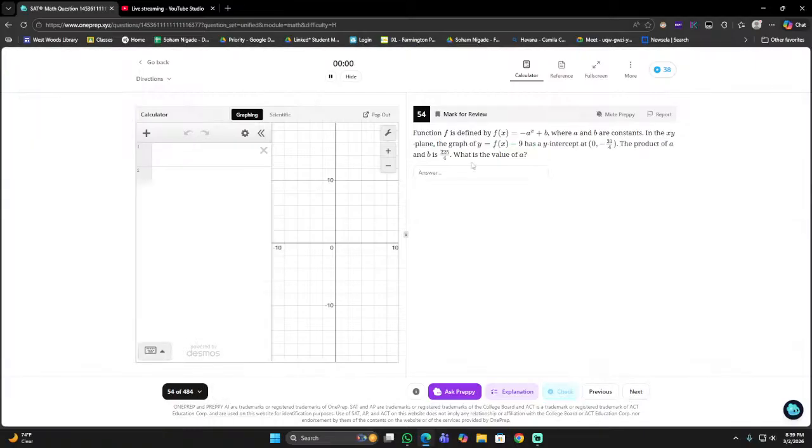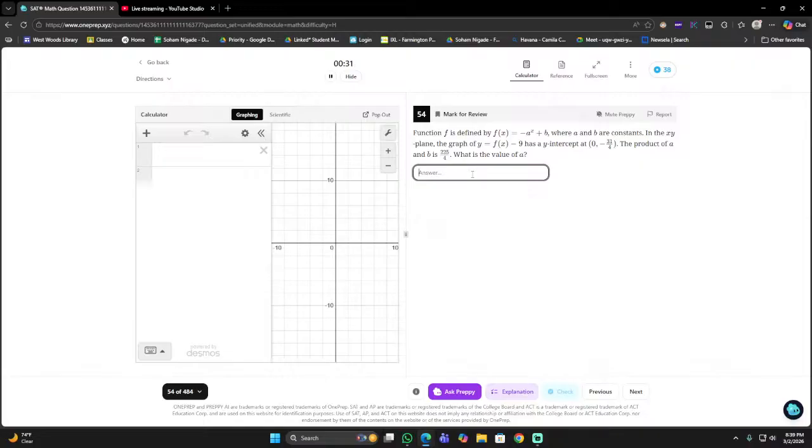No worries. Next question. Function f is defined by this in the xy plane. This is a weird question. The function f of x minus 9 means it's going down.